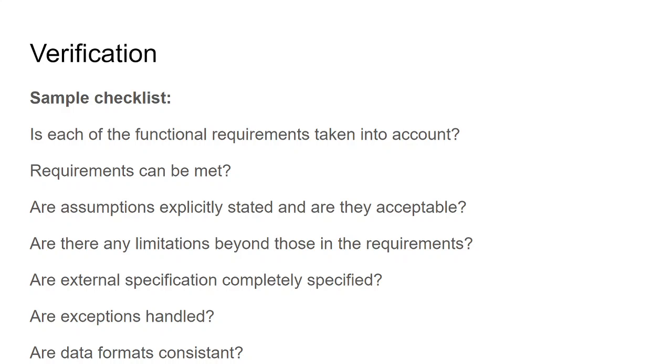Then, are all data formats consistent with the requirements? That is, in the requirements, have they told one format in one part and another format in another part? The best example for this is the date. In one part of the project, they cannot ask for the date to be in month, date, year, and in another part call for date, month, year.